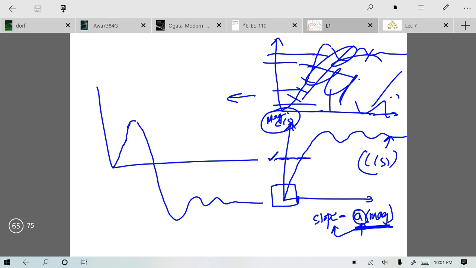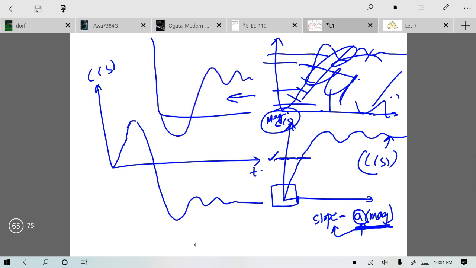So this happens when your zero is on the right half plane. If we invert the input, for example, if the input was 1 over s, if we make it minus 1 over s, then our response would be like this. The response will also be inverted.